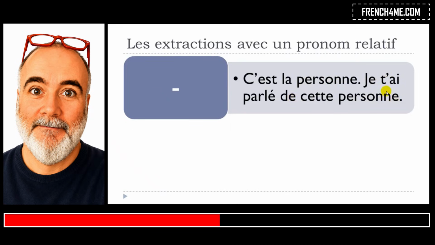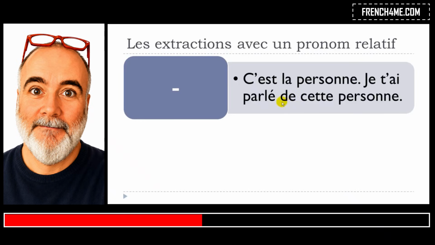So I was about to say te, but no. So it's right here. The important thing here is that you are introducing cette personne with the preposition de. And it does mean that in that case, it's not complément d'objet direct.